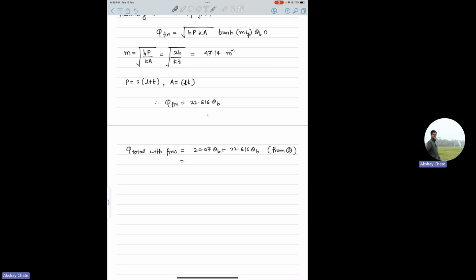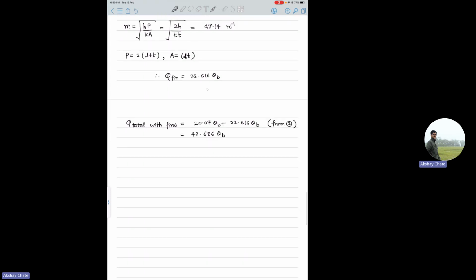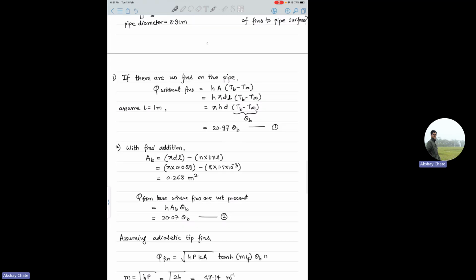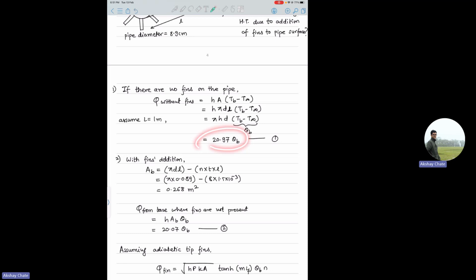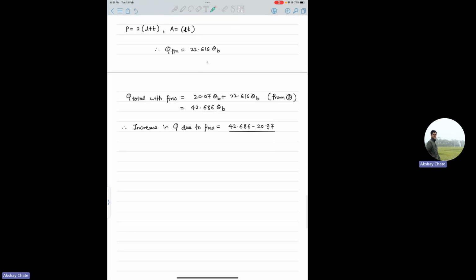So that is nothing but 42.686 into theta b. Therefore, the increase in Q due to fins is 42.686 minus 20.97. 20.97 theta b was your initial Q without fins, so that's why we are taking it as the reference.